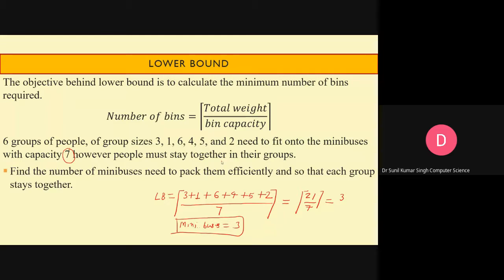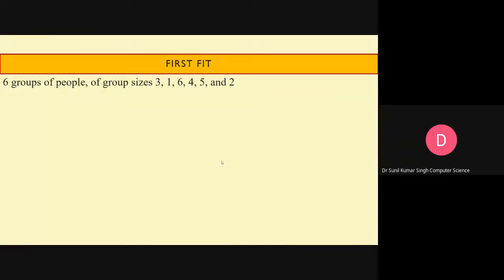Now what we have to do, just apply the first fit algorithm to accommodate these groups of people into the mini buses.